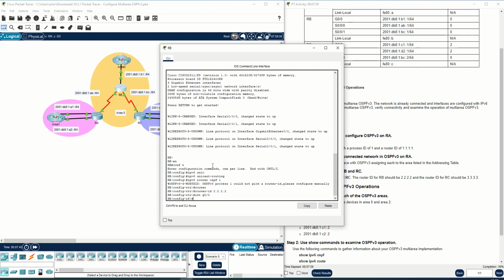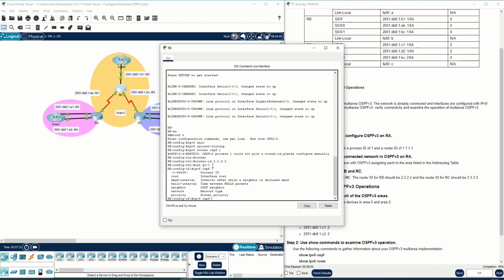Then on interface G0/0, ipv6 ospf 1, as you can see here, it should be process ID 1 and area 0. This is the process ID here, and also the area.